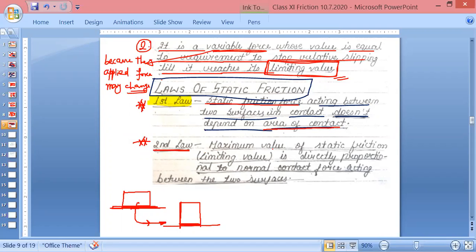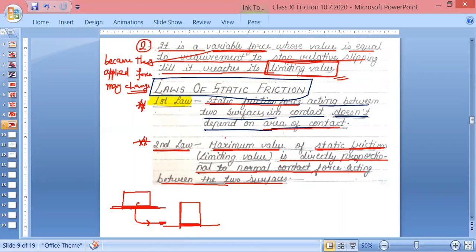Second law: it is the maximum value of static friction. The second law says the maximum value of static friction is directly proportional to the normal contact force acting between the two surfaces. The second law is very important. See the graph?